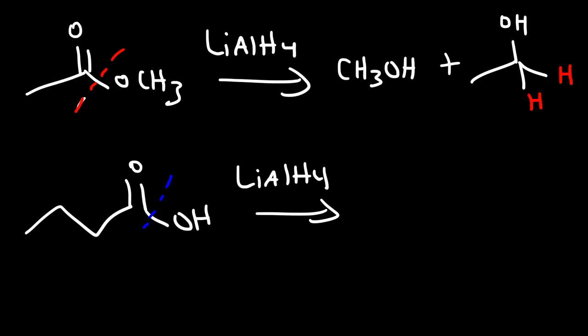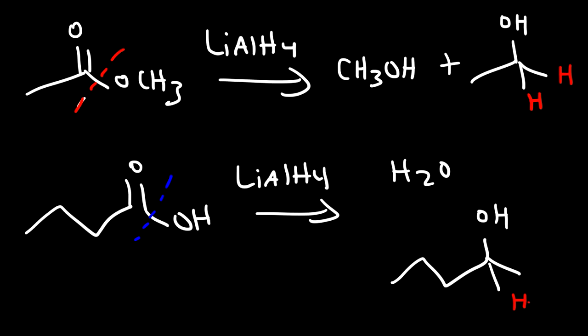Now, the same is true for the carboxylic acid. This is going to grab a hydrogen, so that's going to leave as water. And this is going to be reduced to an alcohol by adding two hydride ions. And so those are two main reducing agents that you need to know.